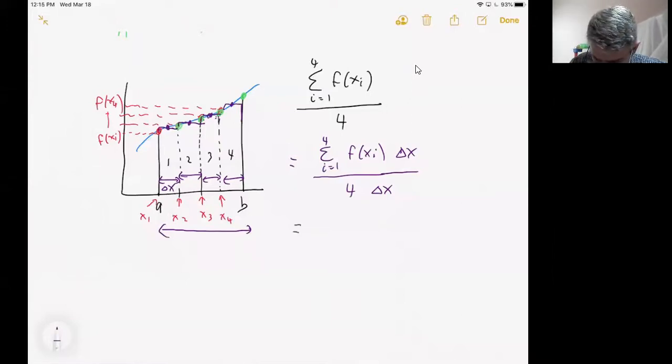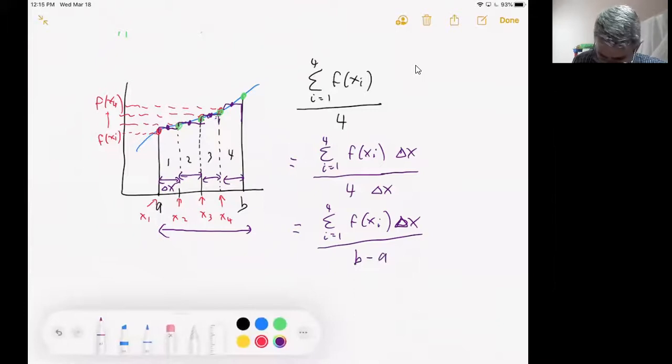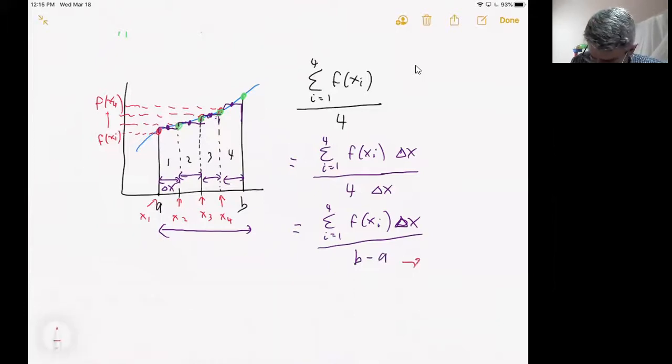So we could have rewritten that as the summation from i equals 1 to 4 of f of x i times delta x, all over b minus a. And b minus a, you look at that, that is the width of the interval. And if we look at the numerator, this is an approximate area using a Riemann sum.